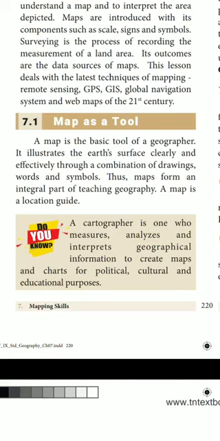Who is called as a cartographer? Cartographer is one who measures, analyzes and interprets geographical information. For what purpose he interprets this geographical information or analyzes or measures this to create map and chart for political map, cultural map and educational purpose also.